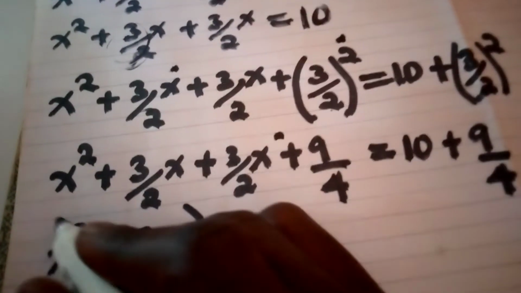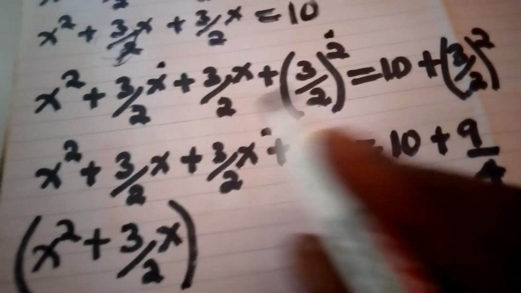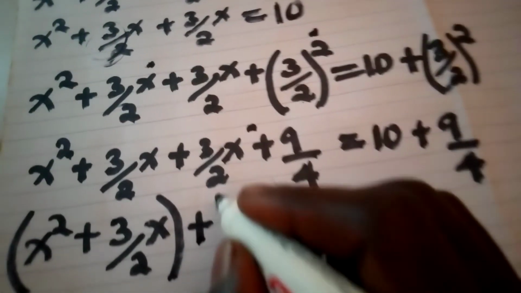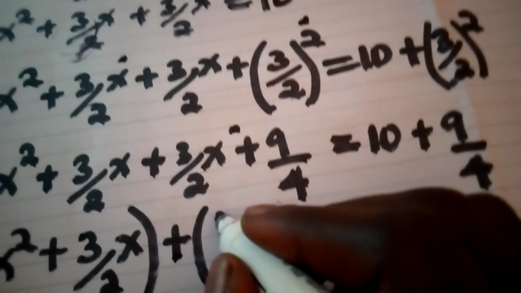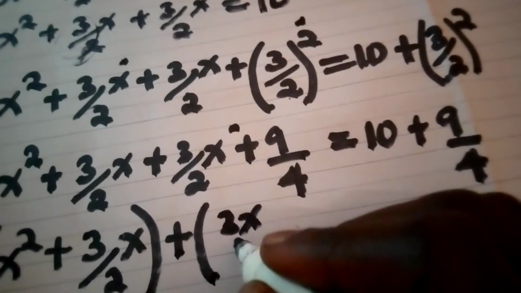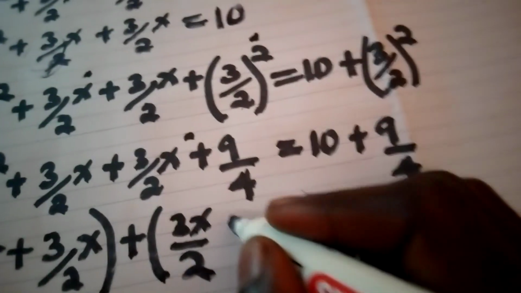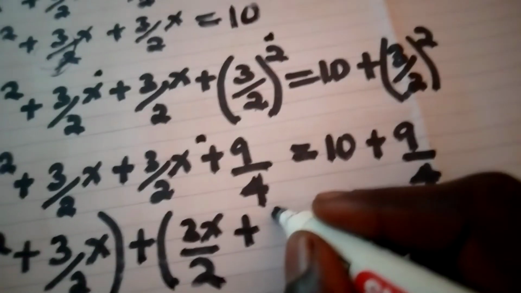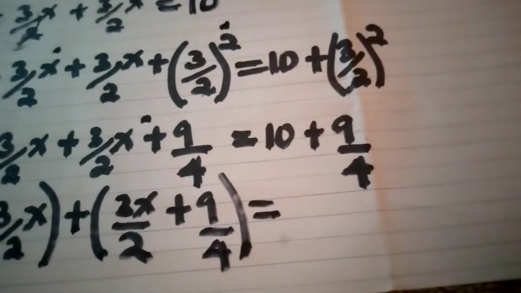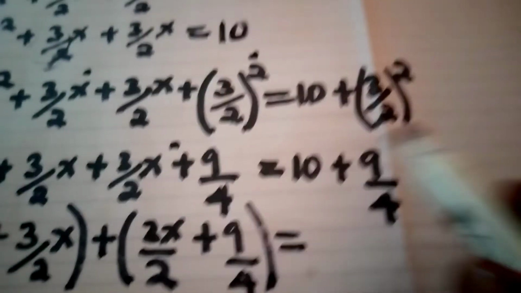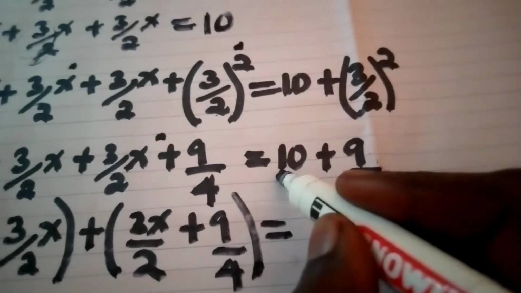We shall have this one put in a bracket, then plus, this one is also positive, it will remain as positive 3x all over 2, then plus 9 out of 4. You close, should be equal to. So when we look at our equation, this one is the same as 10 out of 1.